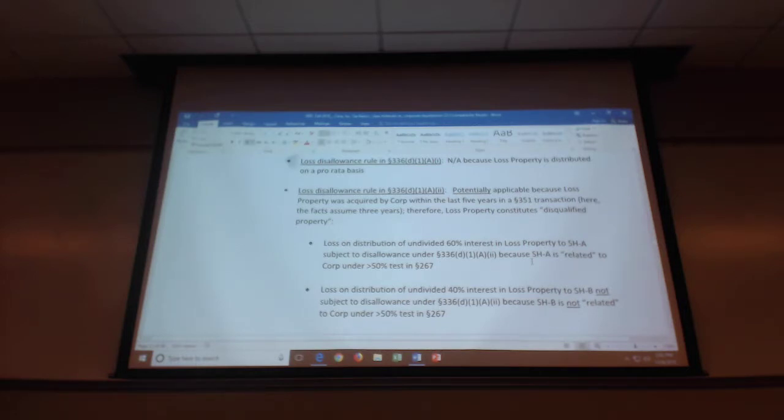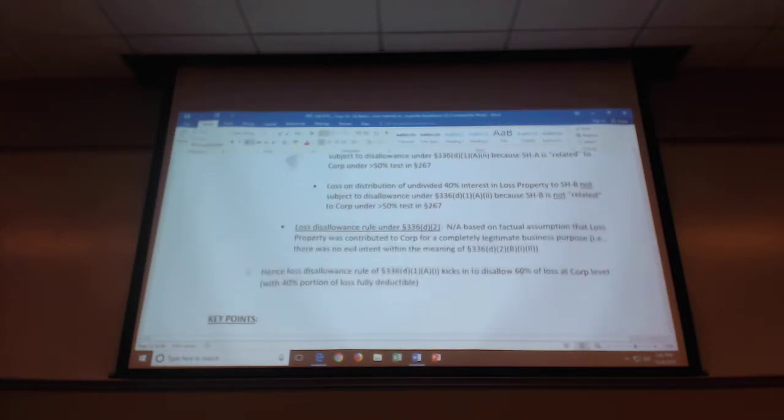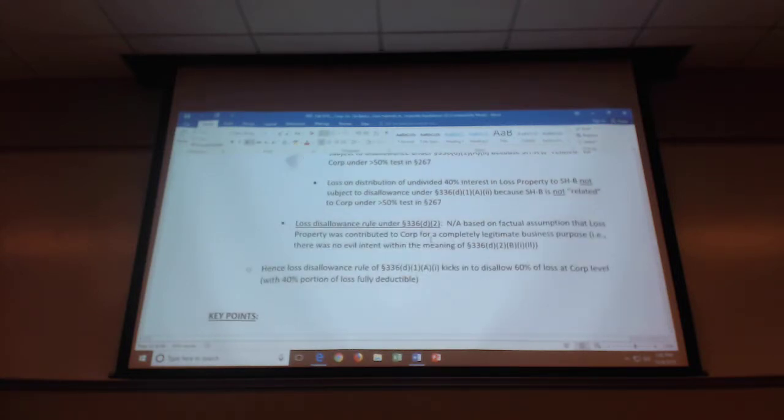Oh, I get out of breath just saying that. And the third loss disallowance rule, we still haven't come to the example yet, but on these facts, that rule doesn't apply because we don't have evil intent. That's only because of the factual assumptions.